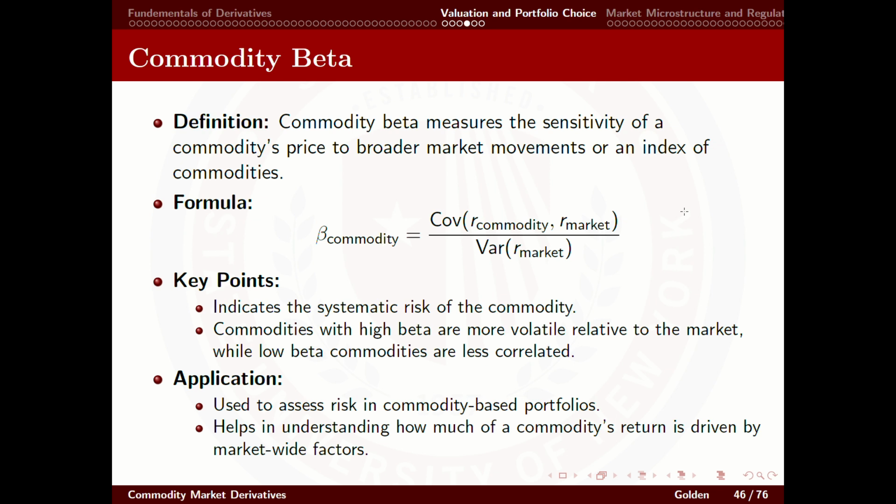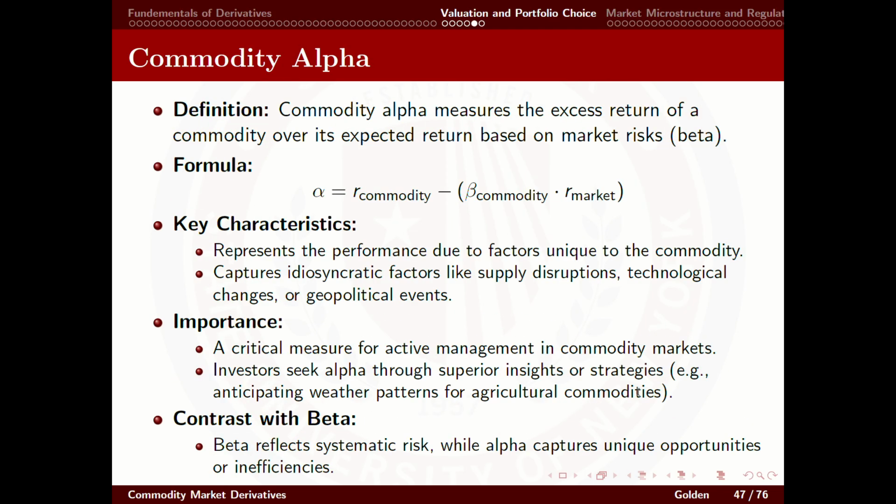So you can get exposure to the risk, and you can add other assets that have various correlations to allow you to change how risky your portfolio is based on the risk and return you want. And so commodity beta is used to assess the risk in commodity-based portfolios, and it helps in understanding how much of a commodity's return is driven by market-wide factors and how you should be hedging against this risk.